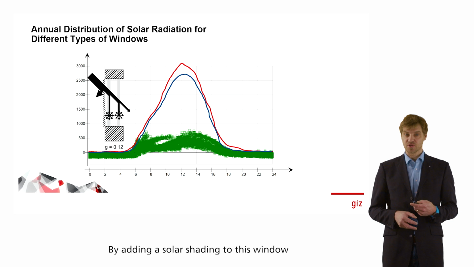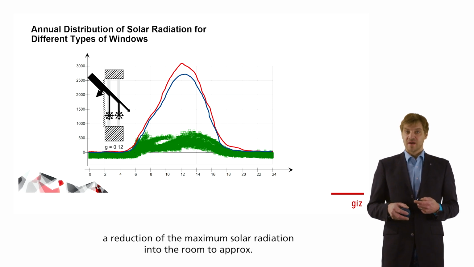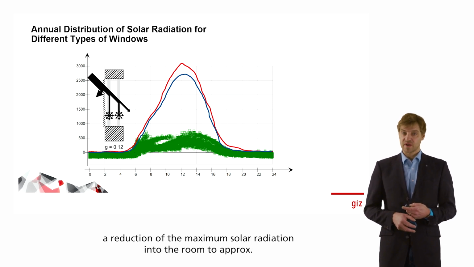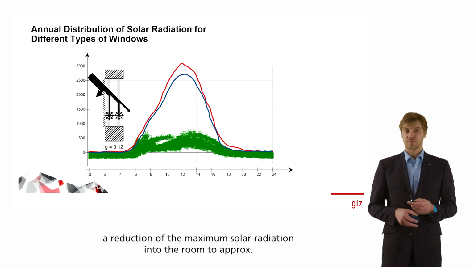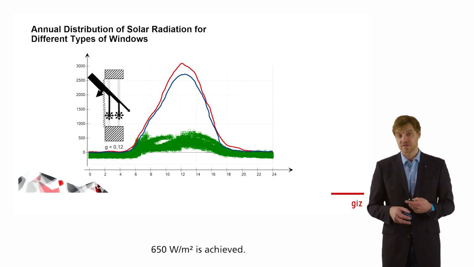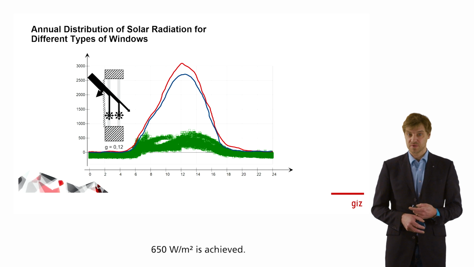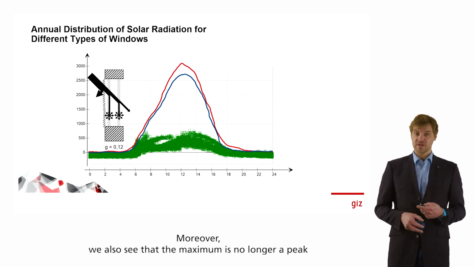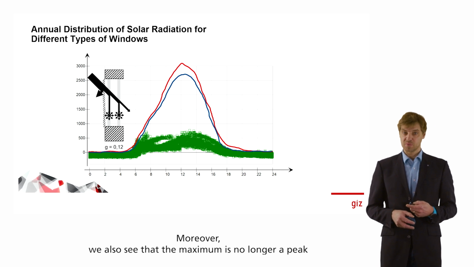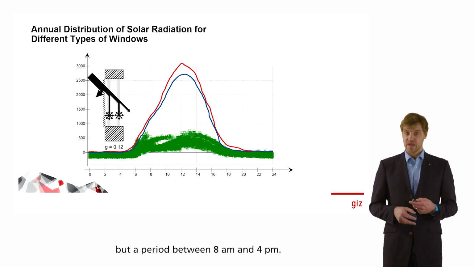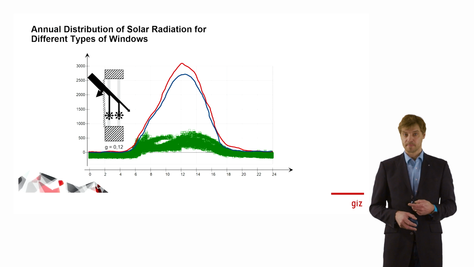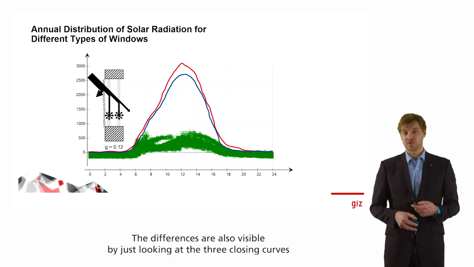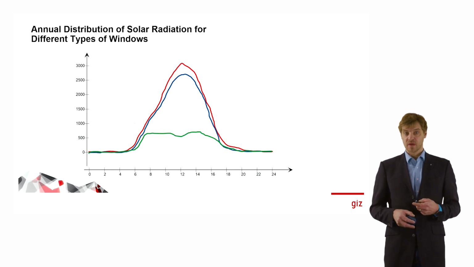By adding a solar shading to this window, a reduction of the maximum solar radiation into the room to approximately 3,650 watt per square meter is achieved. Moreover, we also see that the maximum is no longer a peak but a period between 8 and 4 p.m. The differences are also visible by just looking at the three closing curves, as you can see here.